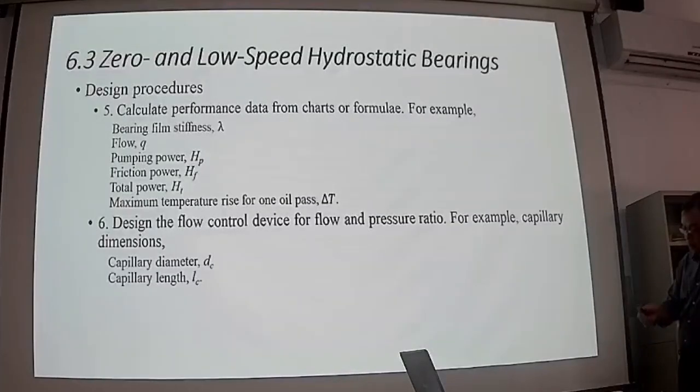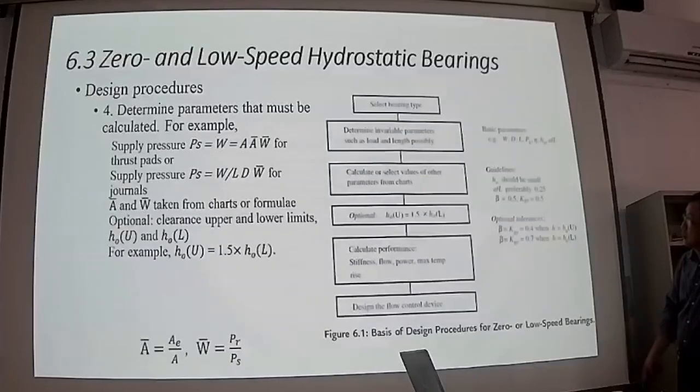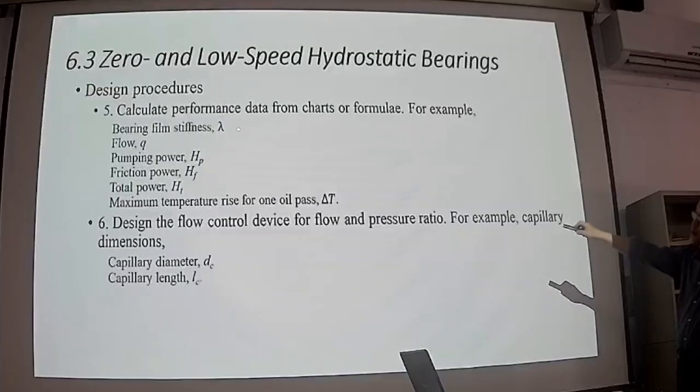So this is step one, step two, step three, step four. Okay. Step five is we need to calculate stiffness, the bearing flow rate, pumping power, friction power, total power.